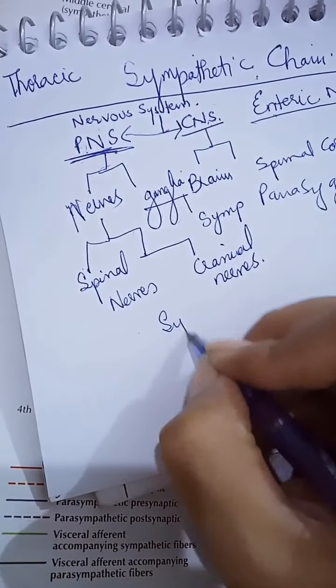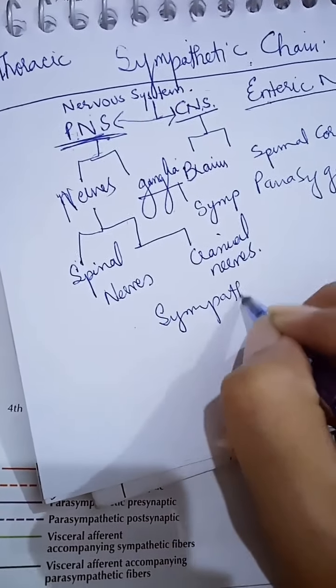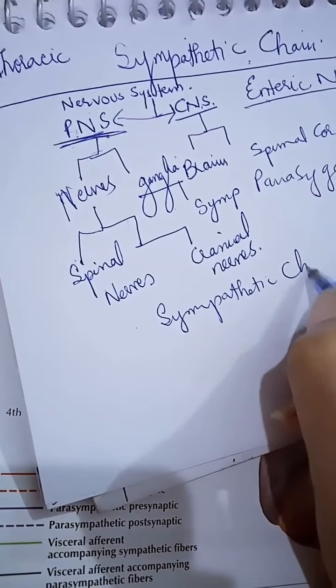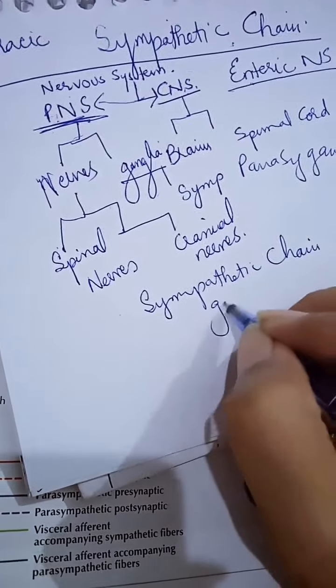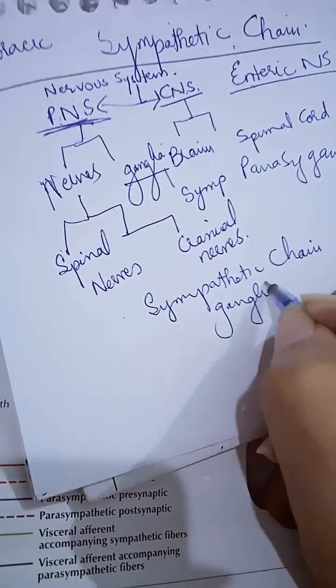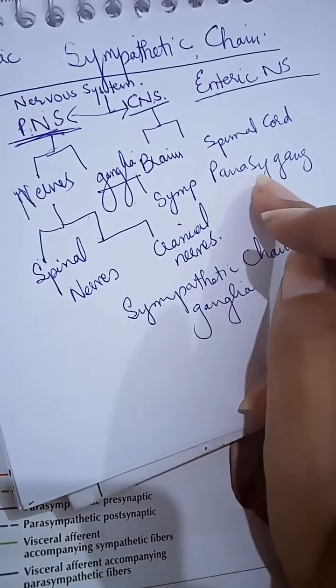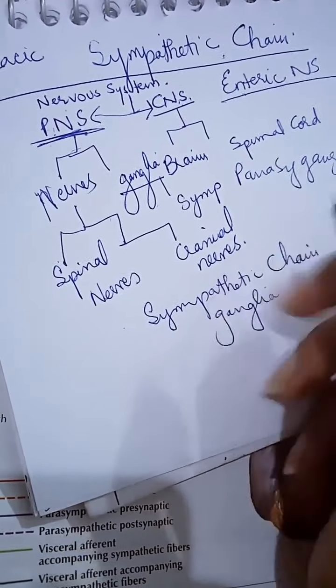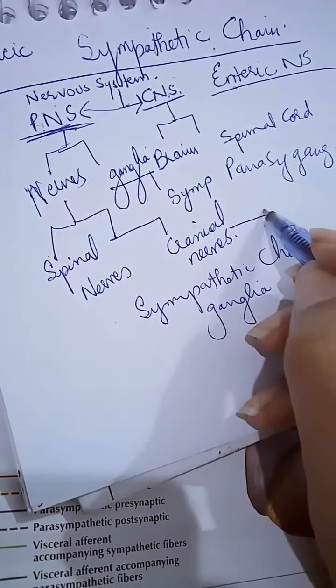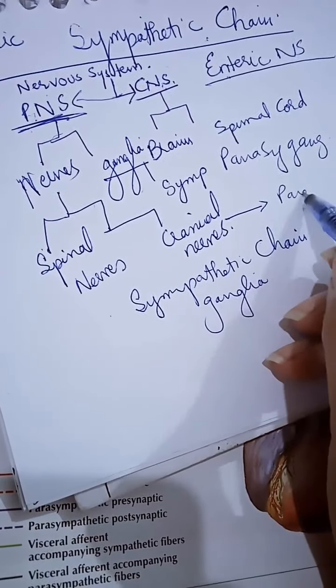We have the sympathetic chain, which has ganglia, and the parasympathetic ganglia, and then the cranial nerves, which also deal with parasympathetic activity.